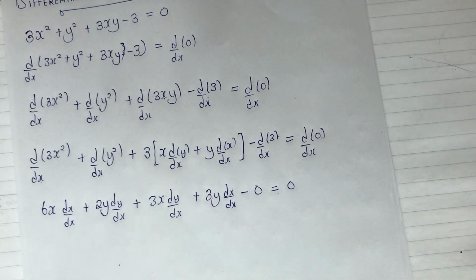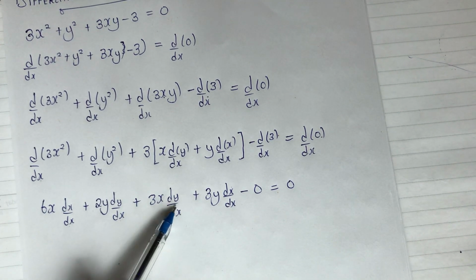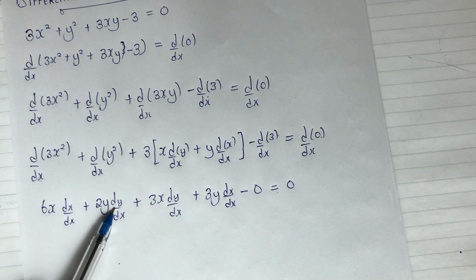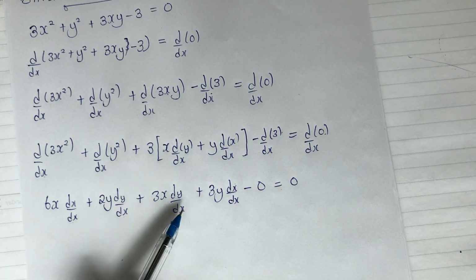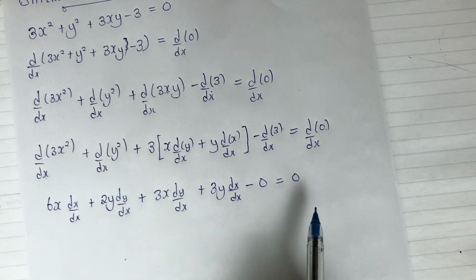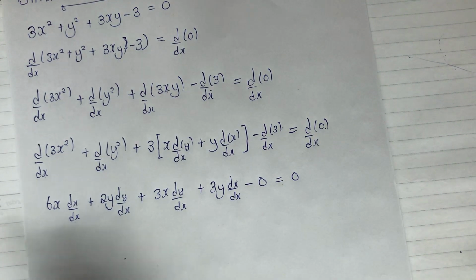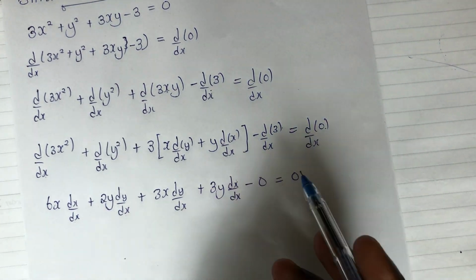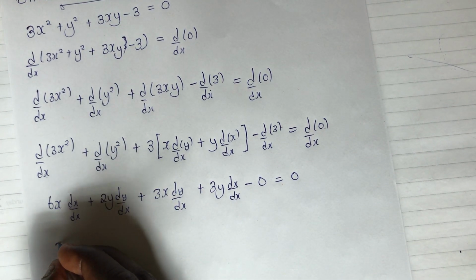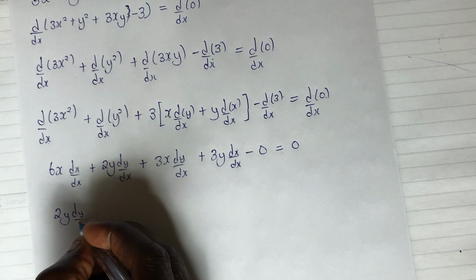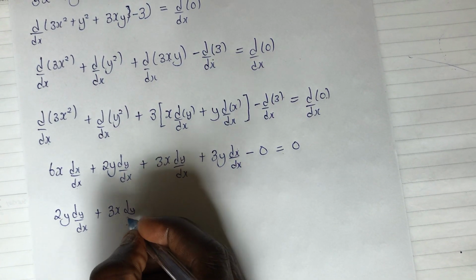0. Now we group like terms for all functions containing dy dx. This has dy dx, this has dy dx. So we can group like terms for them. We will group them to the left hand side, then we bring the other functions that are not having dy dx behind them, and we equate the function to 0. So I will start with this one, 2y dy dx plus 3x dy dx.